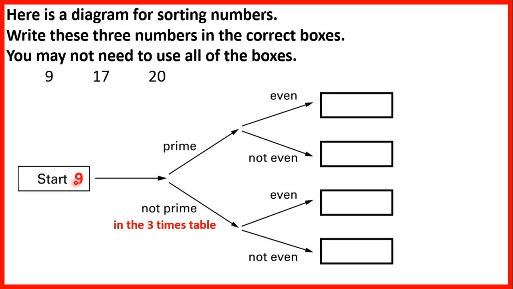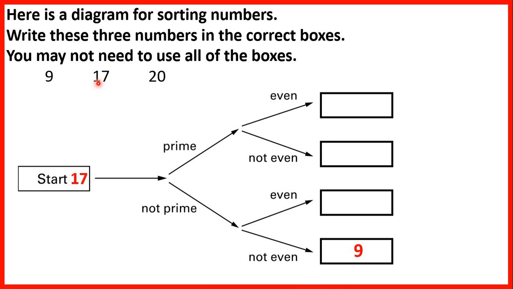The factors of 9 are not just 1 and 9, but 3 as well. So it's not prime, which means we now need to decide whether it's even or not even. An even number is a multiple of 2, so a number that ends in 0, 2, 4, 6 or 8. So 9 is not even, which means we can write 9 in this box here.